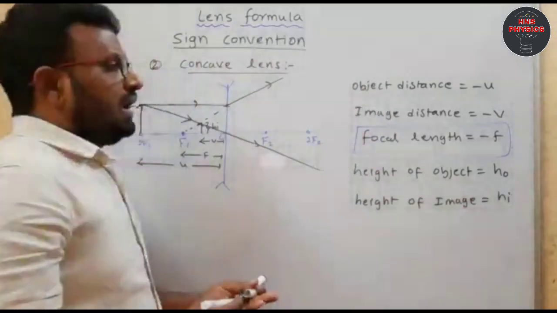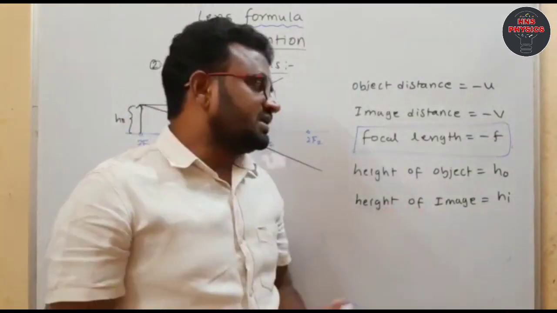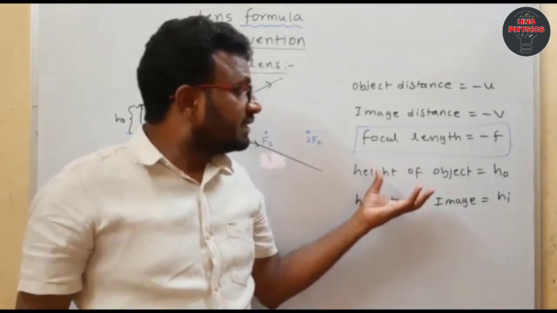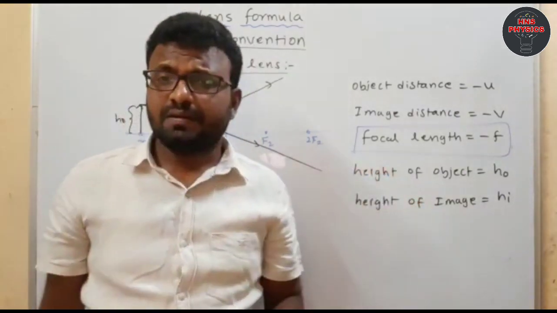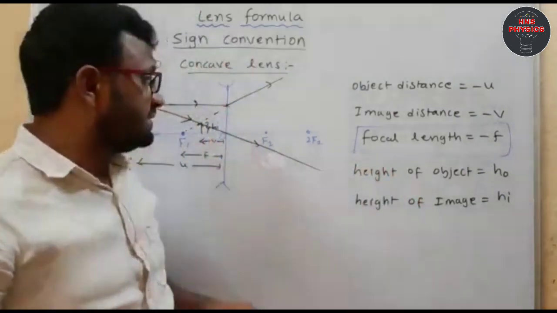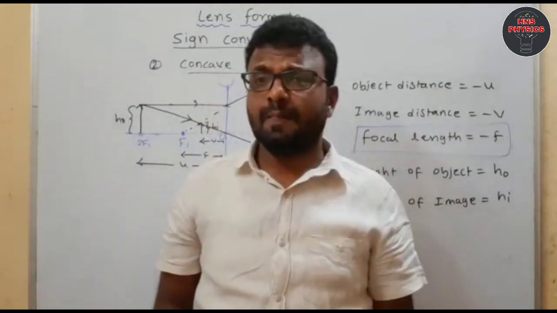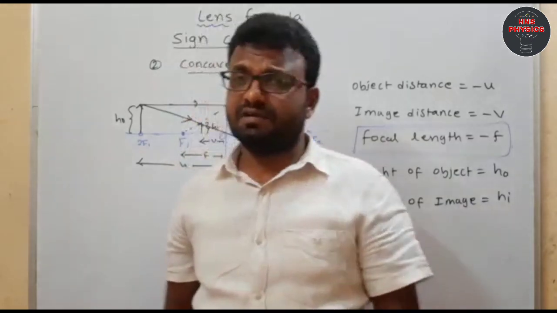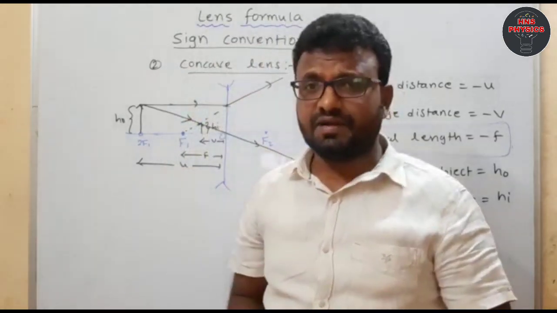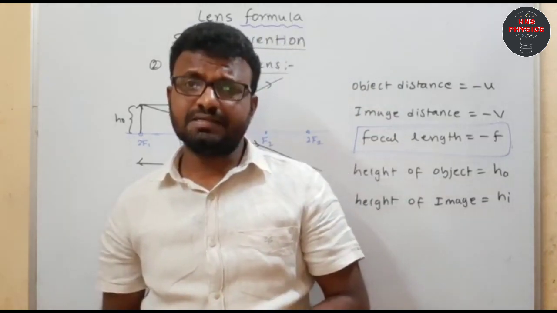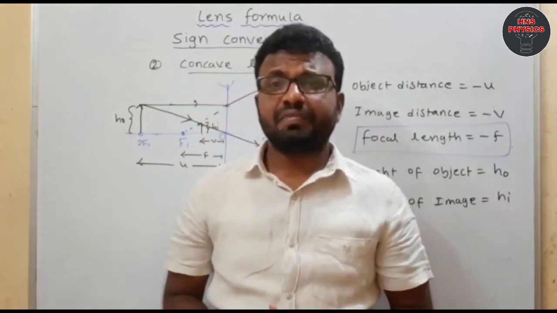So the height of object and height of image are positive for a concave lens. A concave lens does not give a real image, only a virtual image, so this is its sign convention. A convex lens gives real and virtual images, and their sign conventions differ. So this is the sign convention of convex and concave lenses. Very, very important concept.